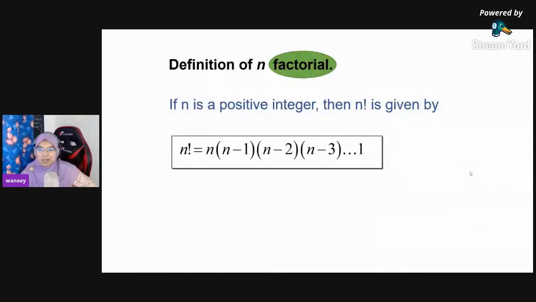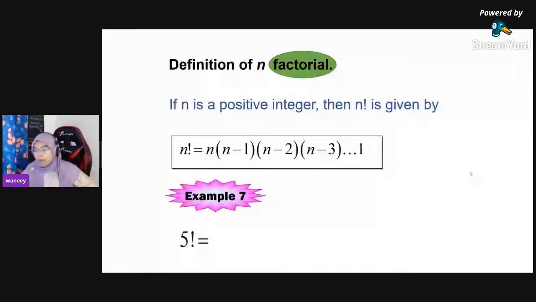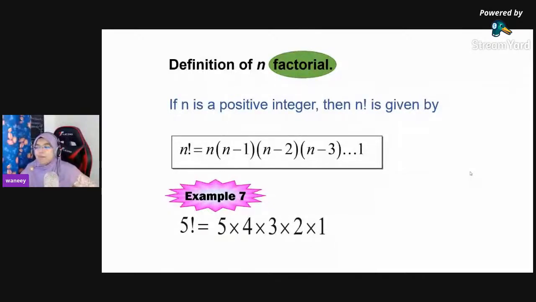So stop at 1, do not go down to zero. For example, 5 factorial is simply 5 times 4 times 3 times 2 times 1. Okay, so that is example 7.